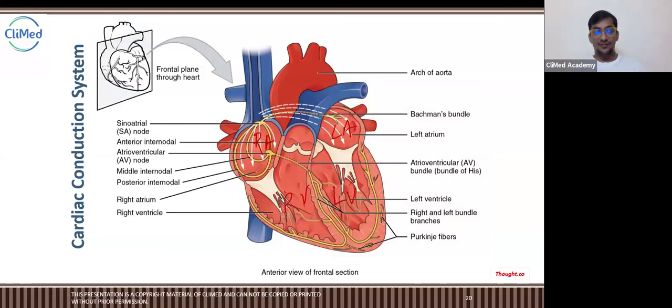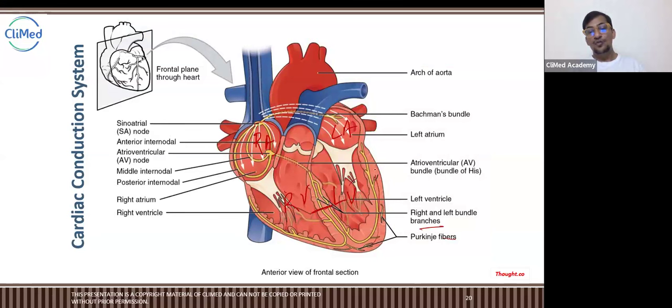Usually the impulses go from the SA node in the right atrium to the AV node at the septum of RA and RV, which we call the atrioventricular node. Then through the septum it goes to the septum between the ventricles, RV and LV, where the branches are called right and left bundle branches.